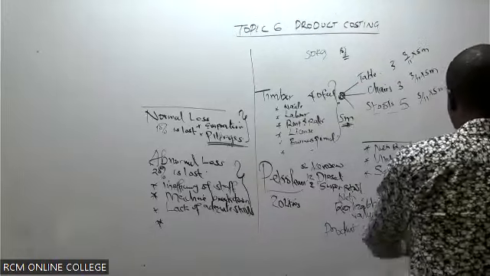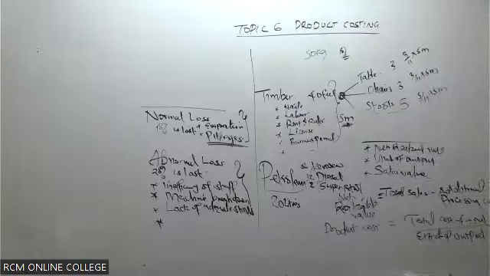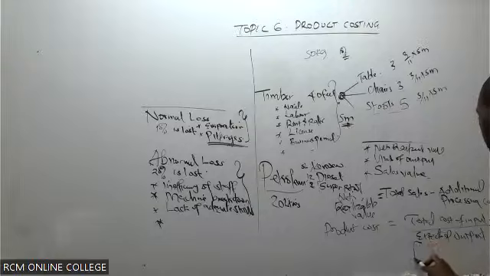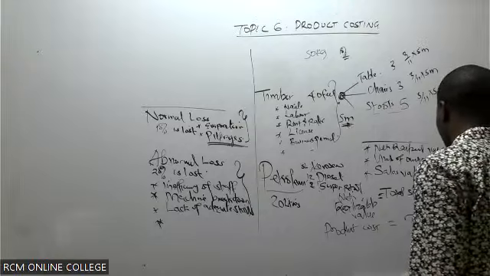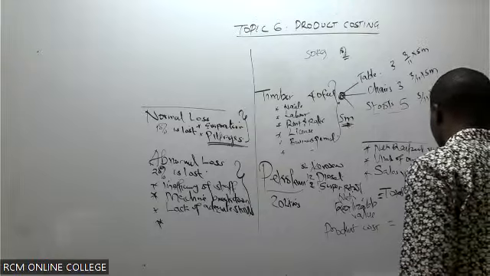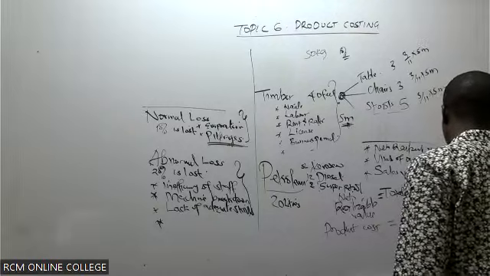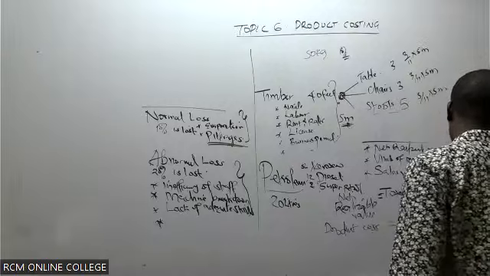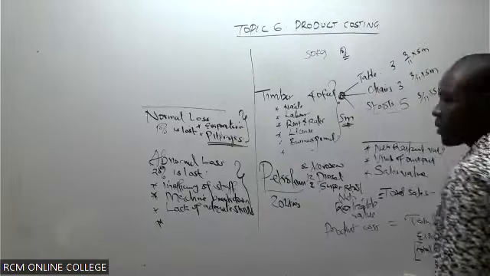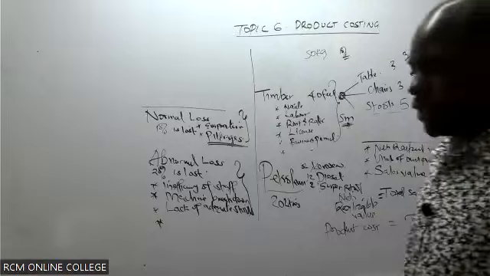So from total input cost, we have to deduct the scrap value of normal loss. And expected output will basically be total input units less normal loss.